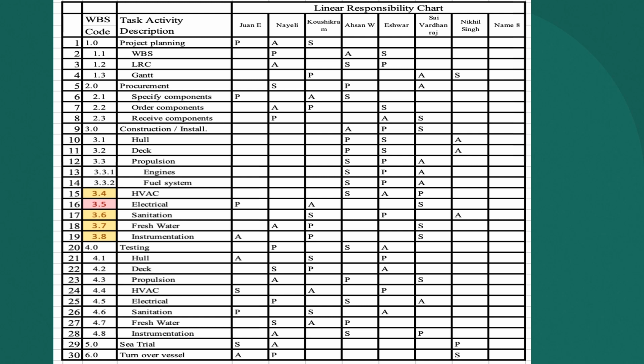Construction installation, primary responsibility is Ishwar, secondary is Sai Vardhan Raj, and approval is given by Hassan. Hull, primary responsibility is Hassan Khan, secondary is Ishwar, and approval is given by Nikhil Singh. Deck, primary responsibility Hassan, secondary Ishwar, and approval by Nikhil Singh.